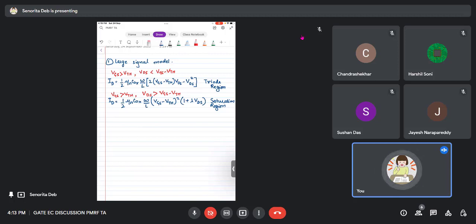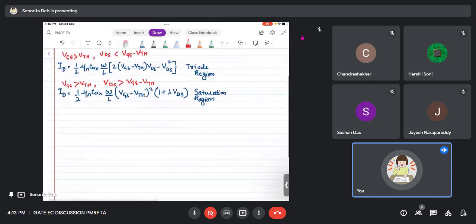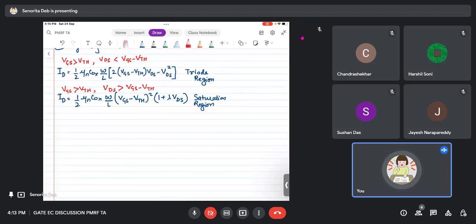VDS will be greater than VGS minus VTH. Now there was one more region which was the deep triode region, where VGS is greater than VTH, but VDS is very much less than twice of VGS minus VTH. Okay, this was in deep triode.